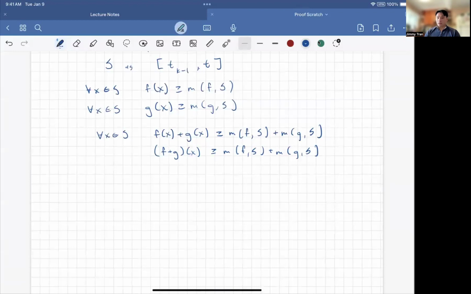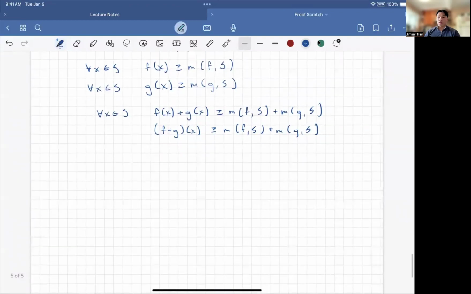Okay. And so finally, for this left-hand side, because we know that all function values here are greater than or equal to the infimum of f over S plus the infimum of g over S, we can also say that the infimum of f plus g over S is greater than or equal to the infimum of f over S plus the infimum of g over S. And the reason for that is because if there is some function value of f plus g that is less than the sum of the infimum of f over S and the infimum of g over S, that means that the infimum of f plus g would be less than that sum, which is not true in this case.